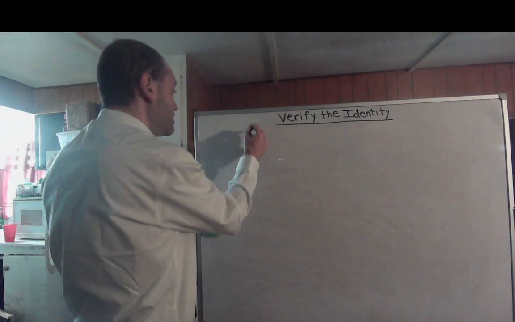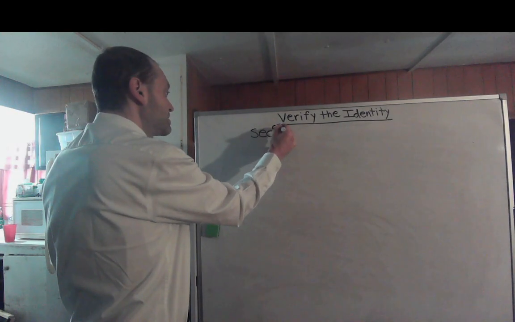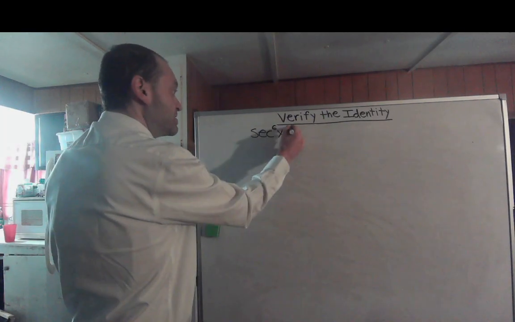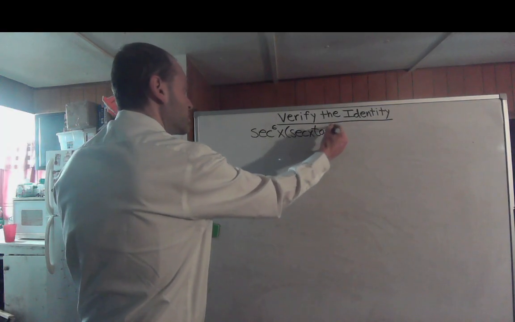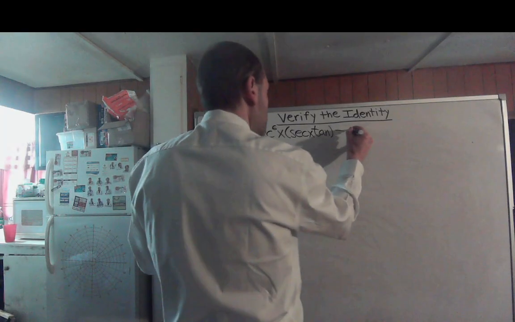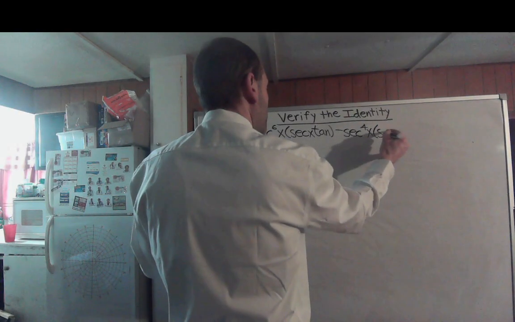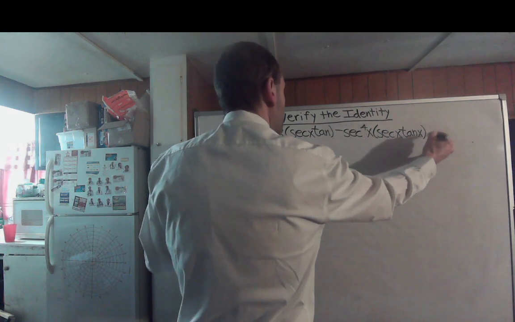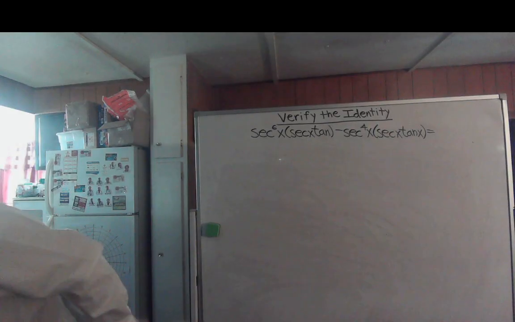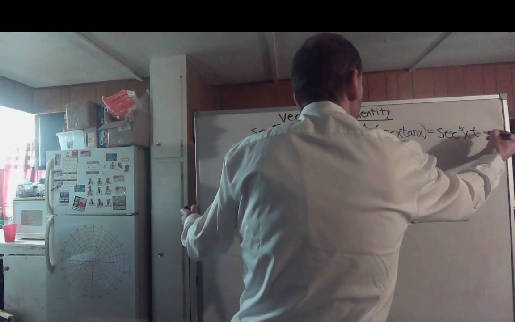Alright, so we have another one here. We have secant 6 of x times secant x tangent of x minus secant 4 of x times secant x tangent of x is equal to secant 5 of x tangent 3 of x.